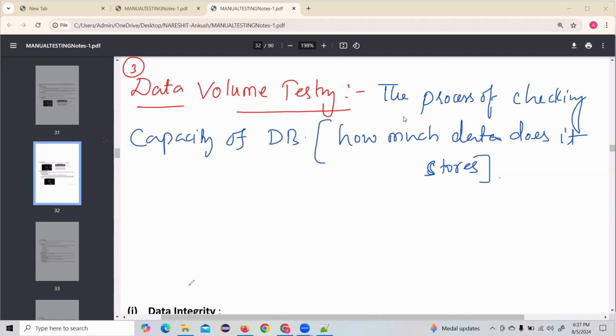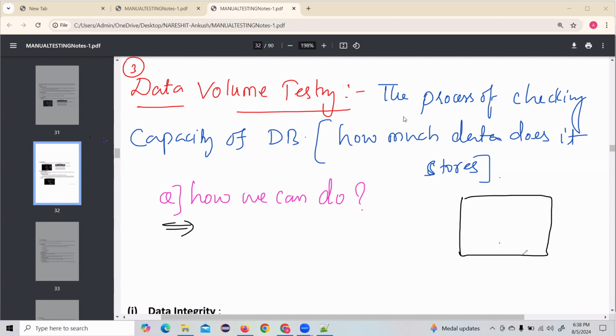Okay, now how can we do this data volume testing? Here I have a database, but the capacity of this database is 4 GB. Now how can I check? How can we do the database testing?